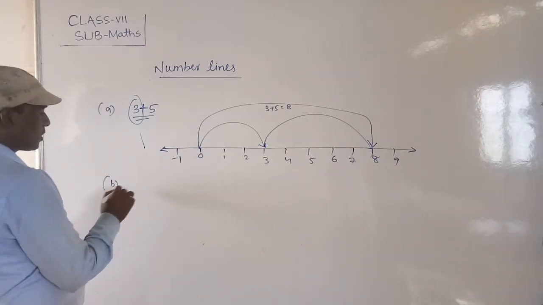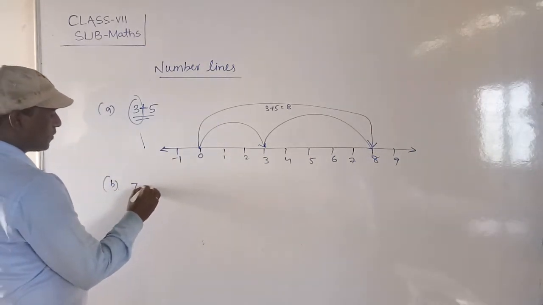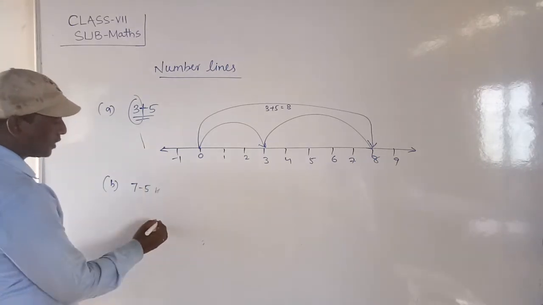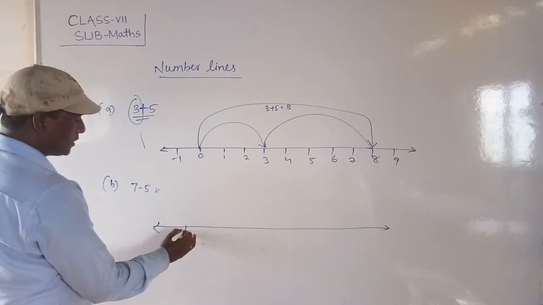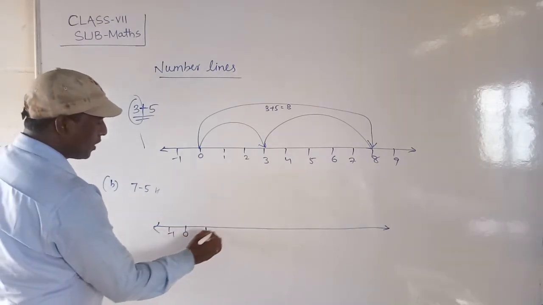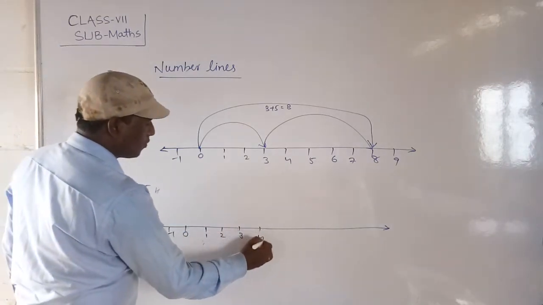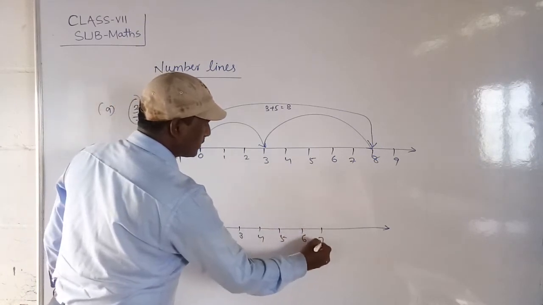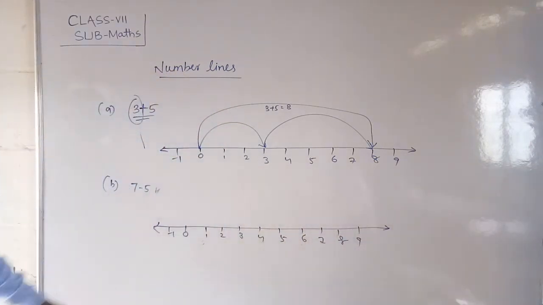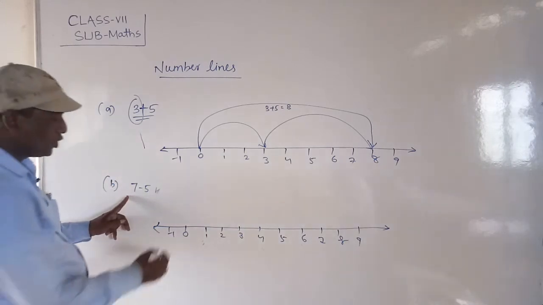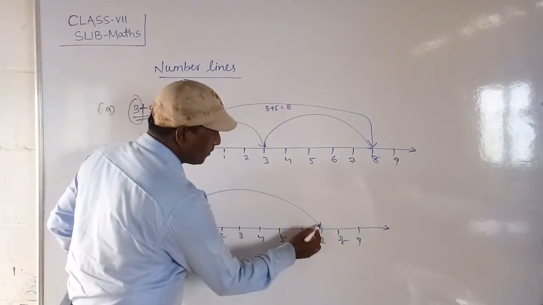Similarly, if you go for subtraction, suppose 7 minus 5 is equal to. Draw the line. First 0, this is minus 1, then 1, 2, 3, 4, 5, 6, 7, 8, 9. So 7 minus 5, students. What is the first number? The 7. Go from 0 up to 7.